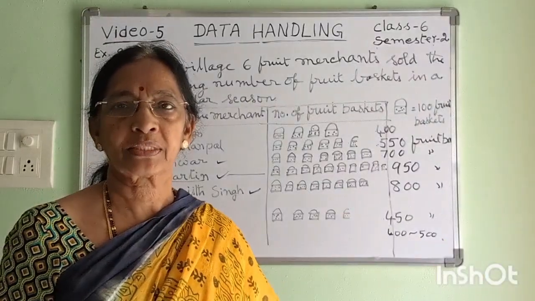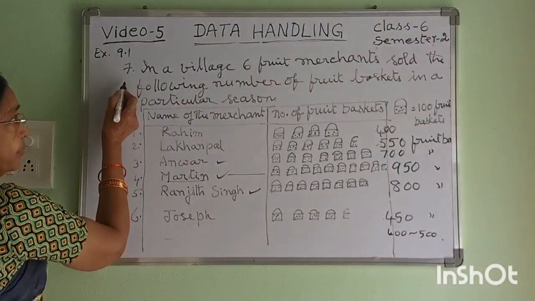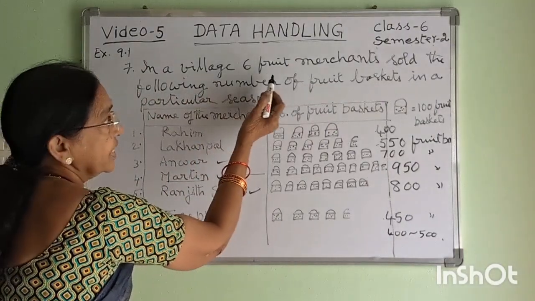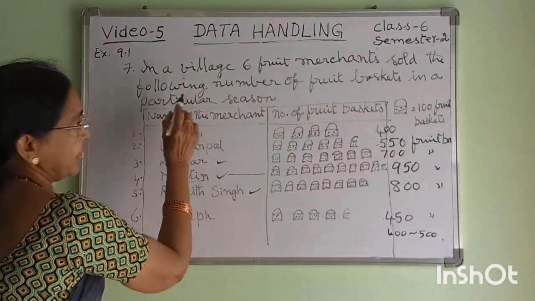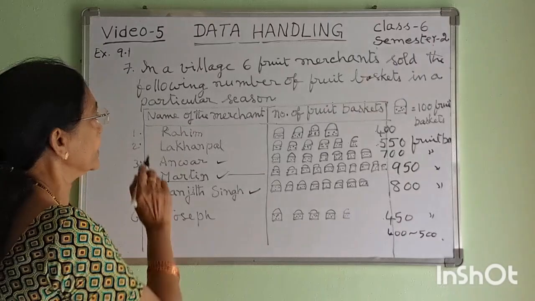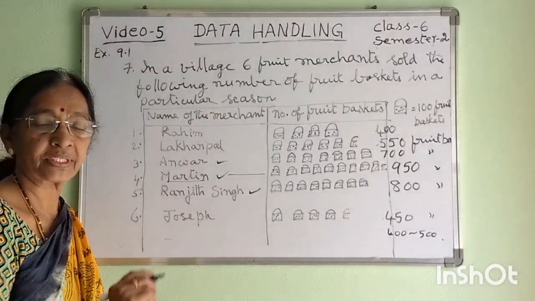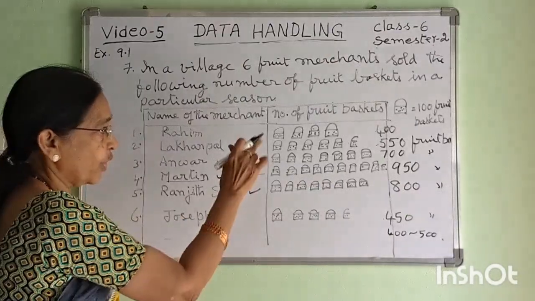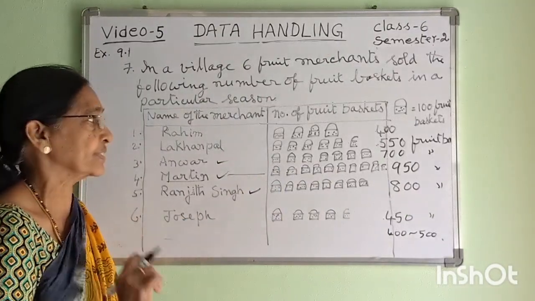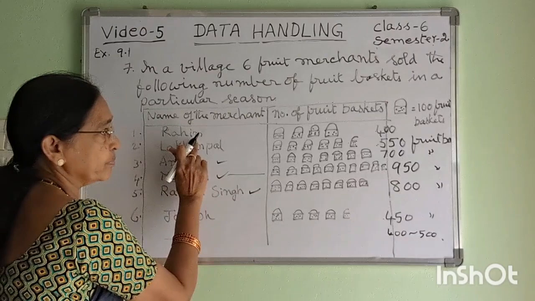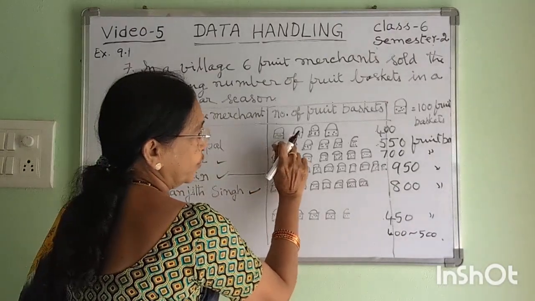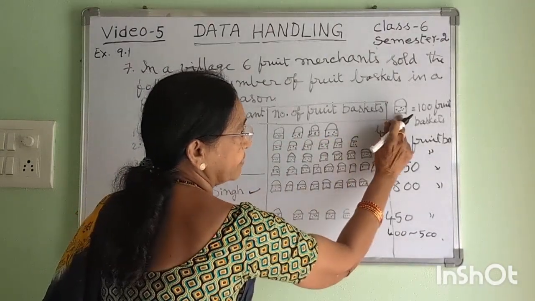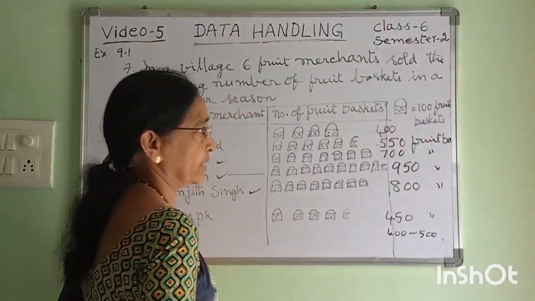So, coming to the next problem, number 7. In a village, 6 fruit merchants sold the following number of fruit baskets in a particular season. For example, for Rahim 4 figures were given, and each figure equals 100 fruit baskets.